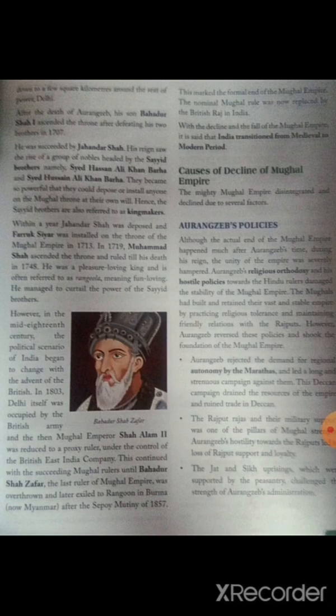Within a year, Jahandar Shah was disposed and Farrukhsiyar was installed on the throne of the Mughal Empire in 1713. So after only one year of the rule of Jahandar Shah, Farrukhsiyar was installed on the throne. And then in 1719, Muhammad Shah ascended the throne and ruled till his death in 1748.